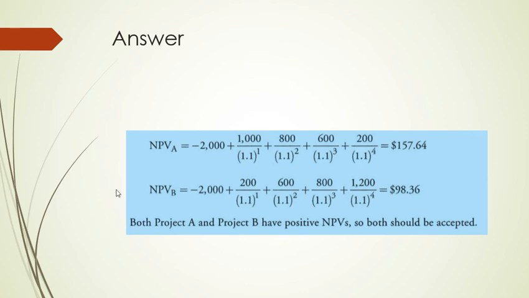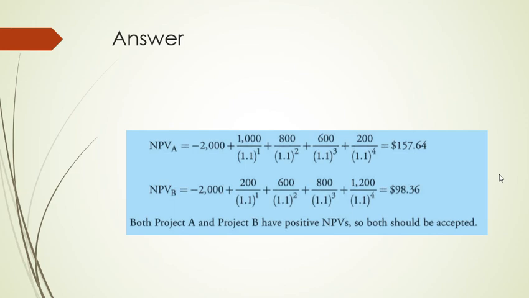Like before, I have demonstrated the formula of the NPV, and here for project A, we received $157.64, and from NPV B, after investing $2,000, after 4 years we received $98.36.